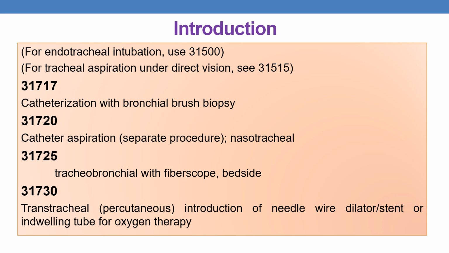The next is 31725. Catheter aspiration, tracheobronchial with fibroscope bedside. The next is 31730. It deals with transtracheal or percutaneous introduction of needle wire dilator or stent or indwelling tube for oxygen therapy.